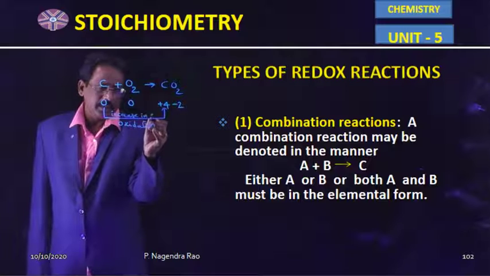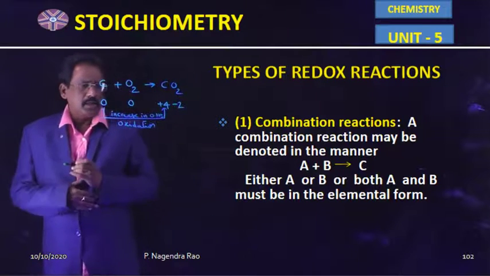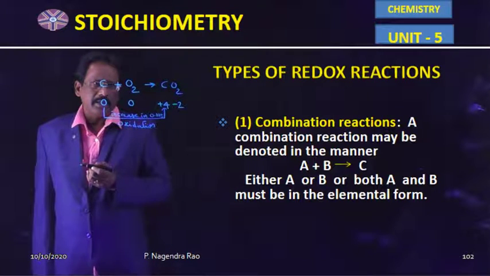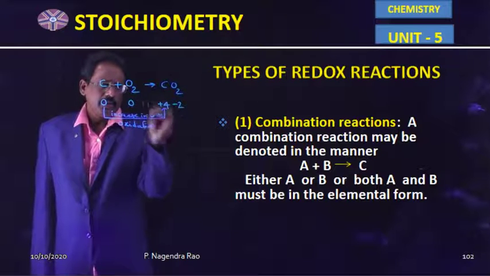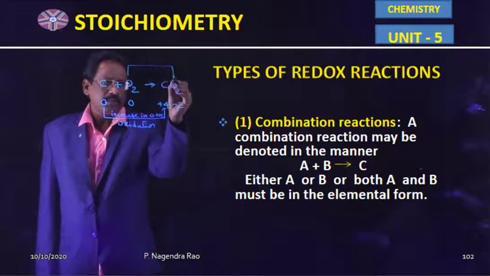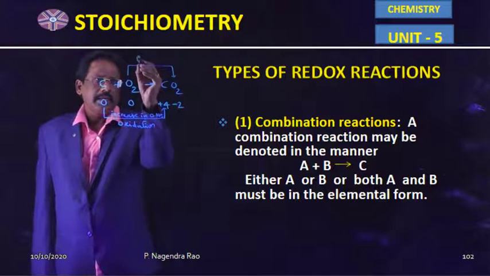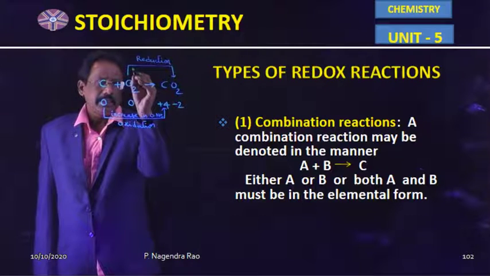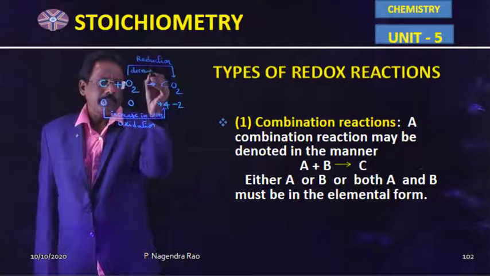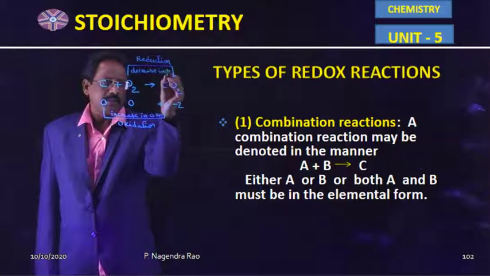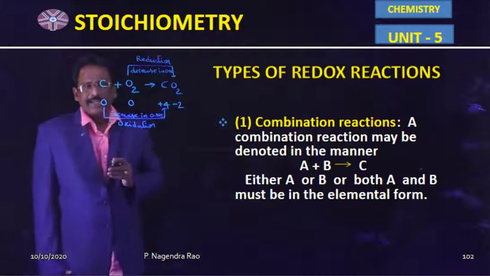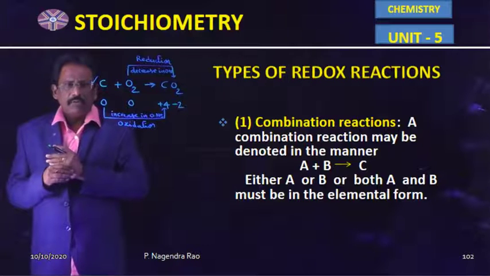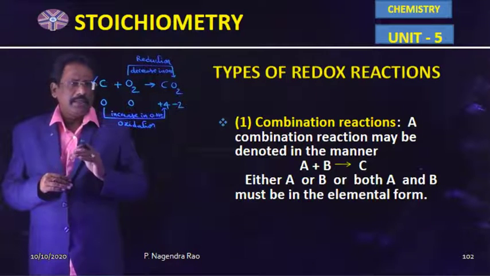And by comparing the oxidation states of oxygen, 0 to -2, this is an example of a reduction process, because decrease in oxidation number is known as a reduction process. So the chemical combination reactions are one of the examples of redox reactions.